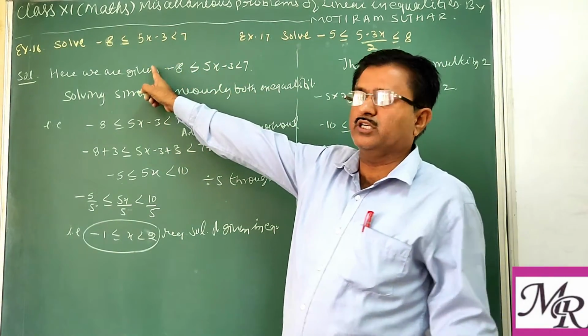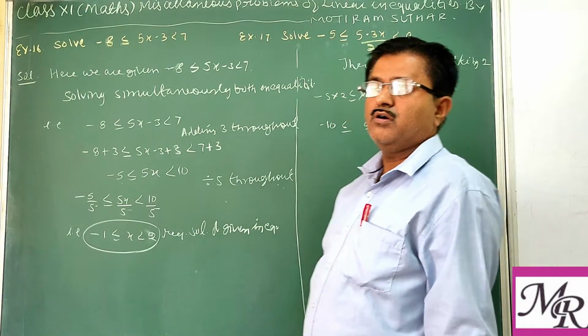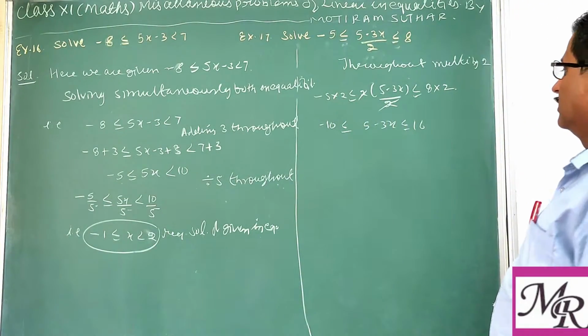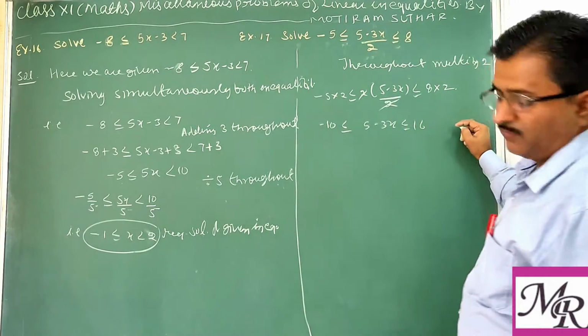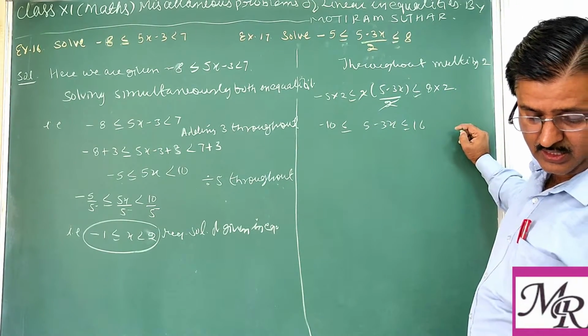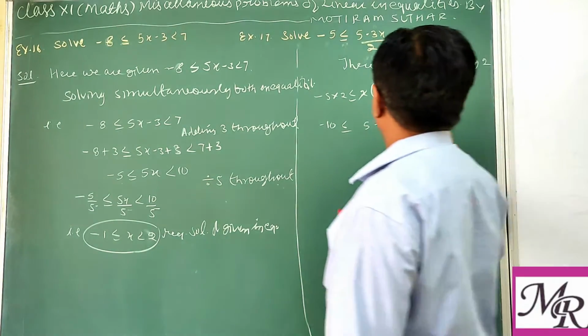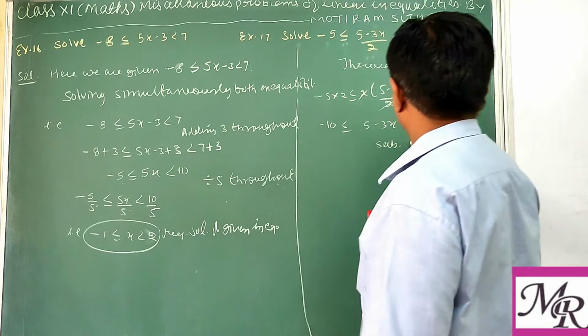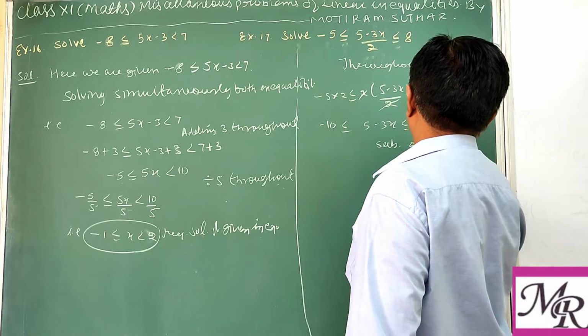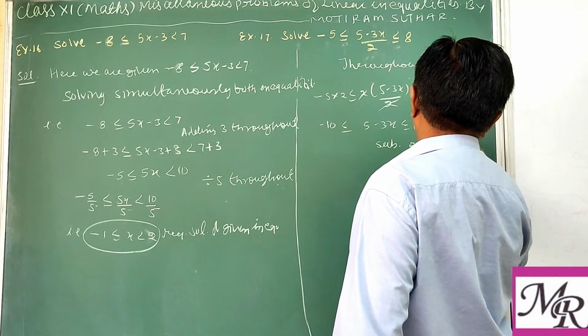Now this is similar to the previous one, and we follow the same process. First we remove the 5, so we subtract 5 throughout.